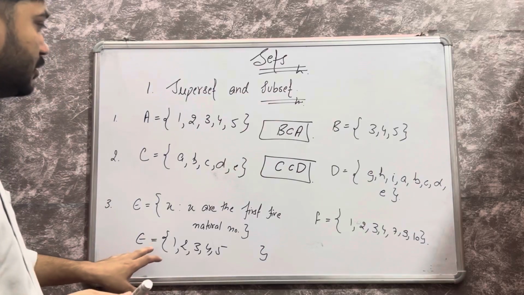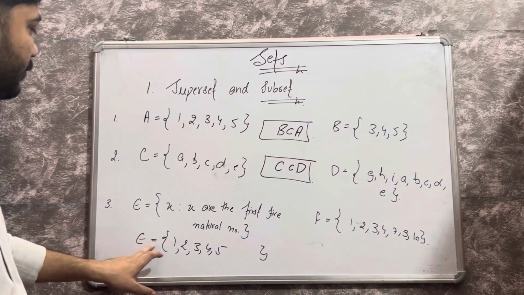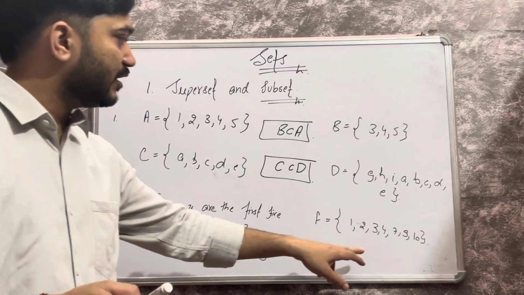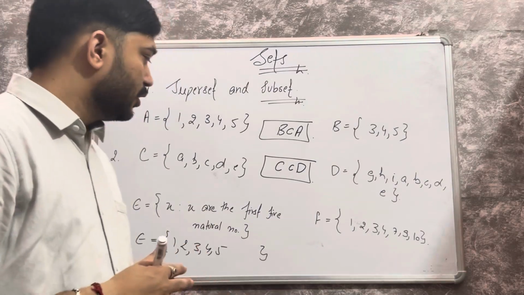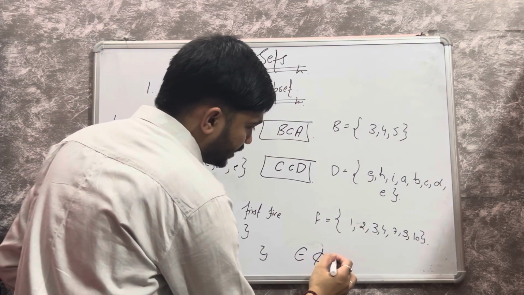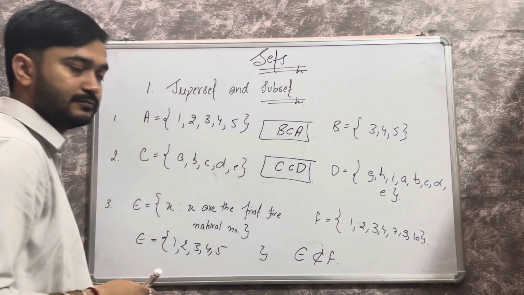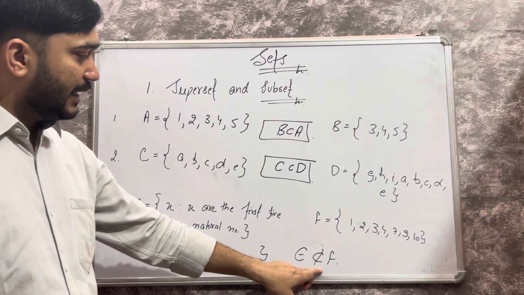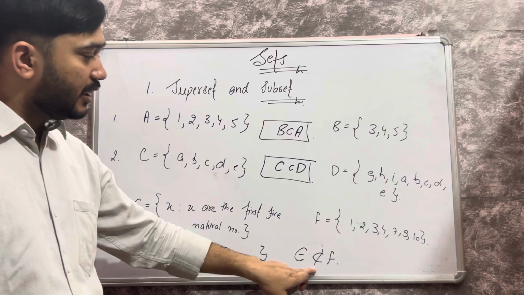But we see that all the elements of E are not present in F. 5 is here, but 5 is not present here. So we can see that E is not a subset of F. Any doubts? We represent not a subset like that. Any doubt?